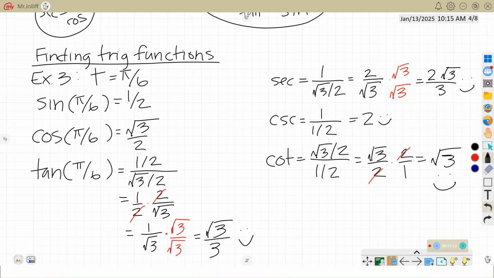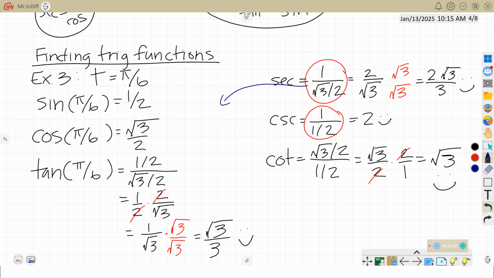Ooh, okay. And we see the same pattern here. When you have 1 over a fraction, that's a reciprocal. 1 over something means reciprocal. So I need to flip that. If you don't recognize that pattern, we could do what we did here.